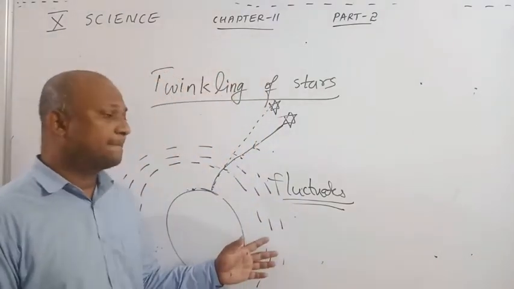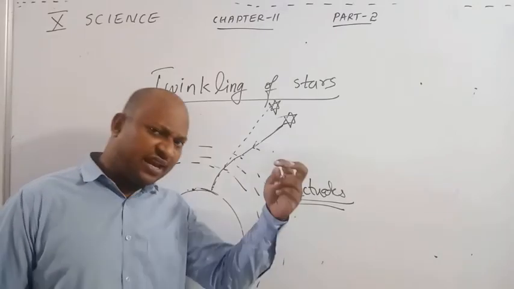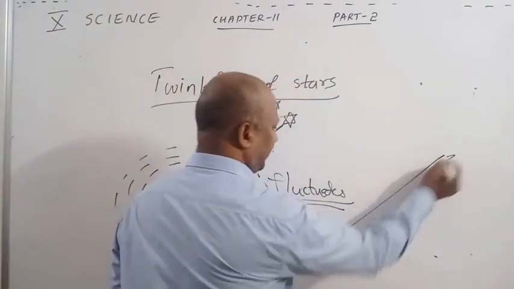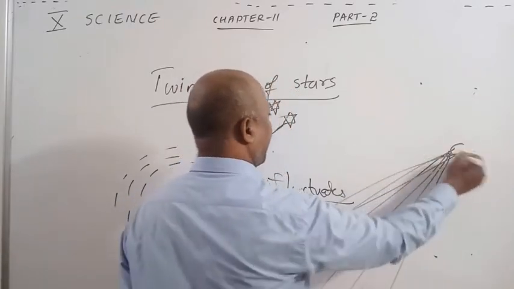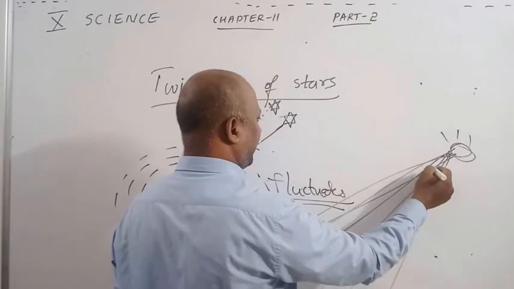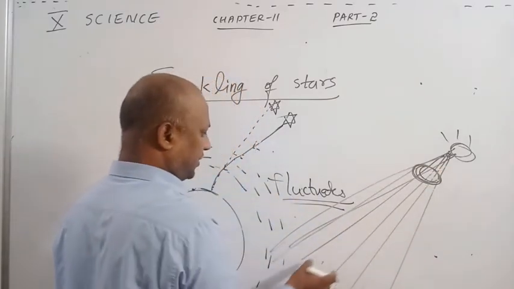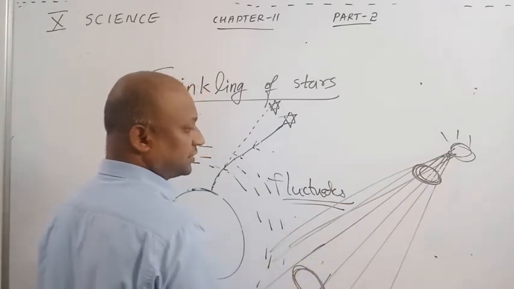So here the star is a very distant object and very less number of rays. For a distant object, when we talk about the number of rays, so the object is somewhere here, and if you are very near, then a lot of rays are going through this. But the same object, if you keep it here, very less number of rays are passing through it.